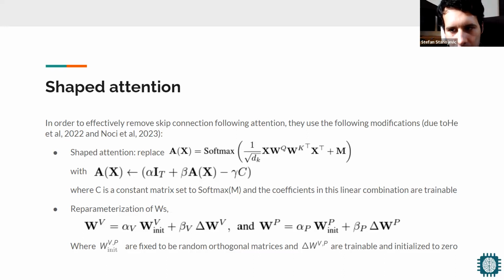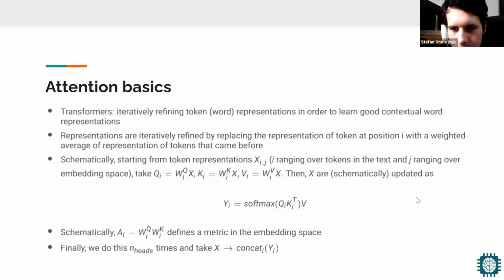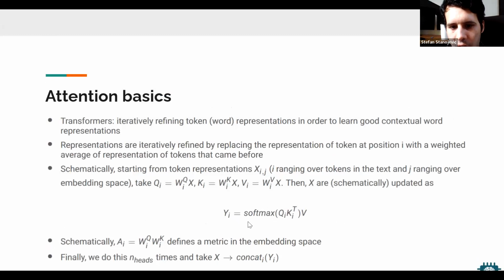So what they're replacing it with is this notion of shaped attention. First of all, let me define what I mean by this A of X. If you remember the attention, this formula for yi, we take inner products of Q and K in order to decide which tokens should have similar representations.